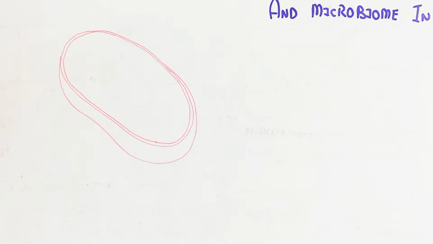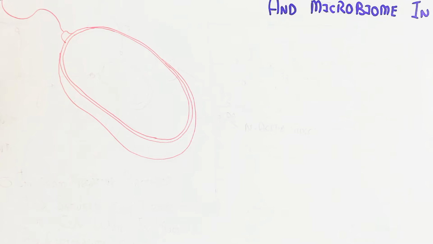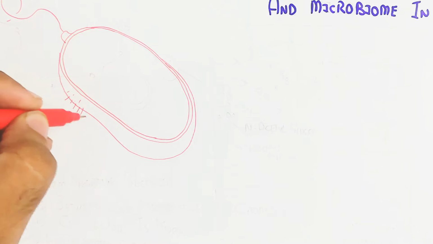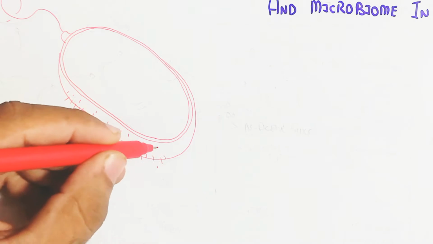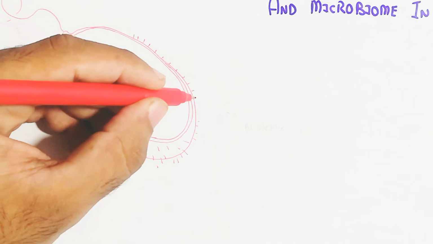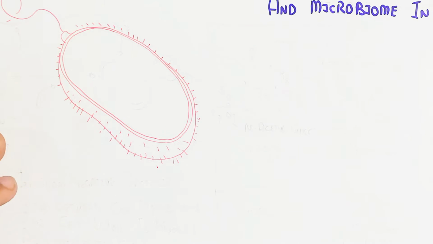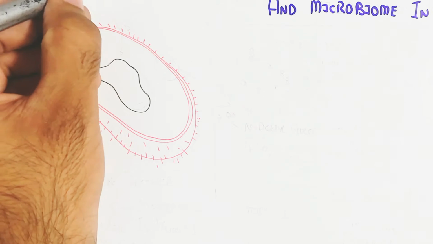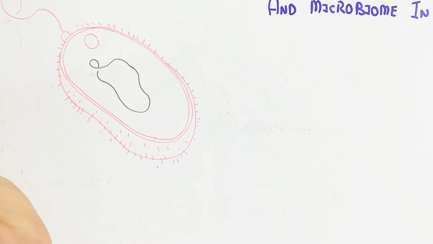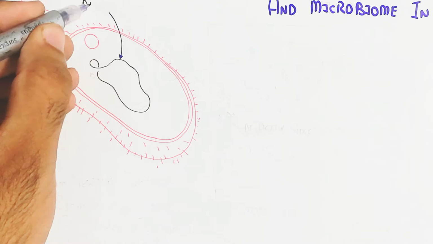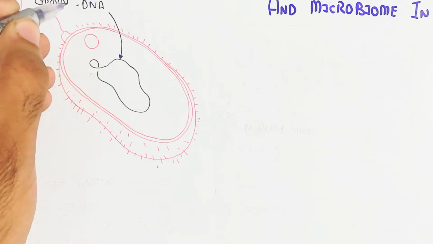So this is the bacterial structure you can understand in this diagram. This is the flagella, and this is the pili, and it contains a capsule and the plasma membrane. Inside is the double-stranded circular DNA, the nucleoid, also known as the chromosome.